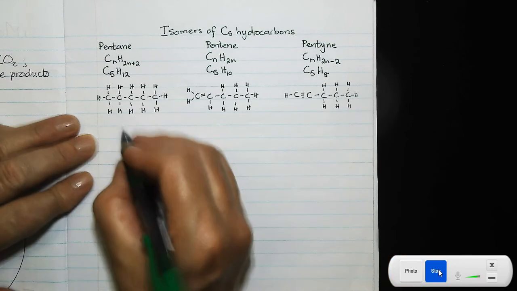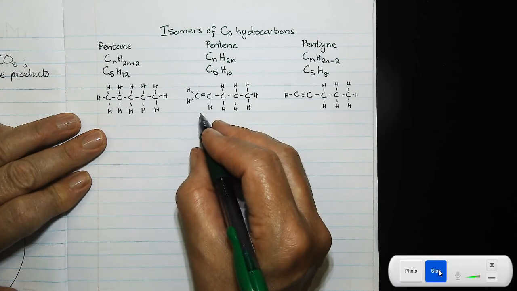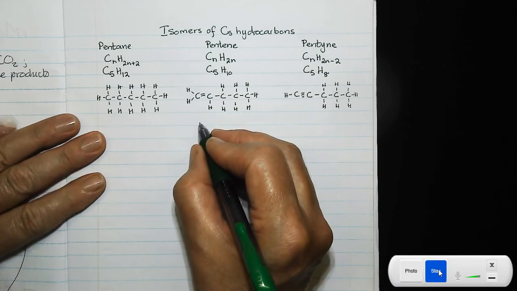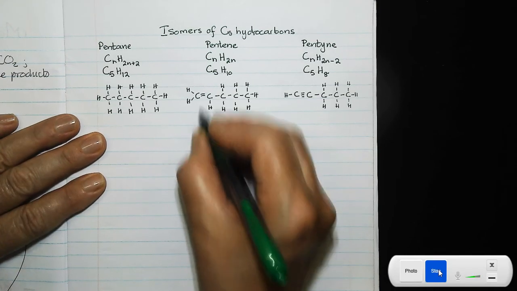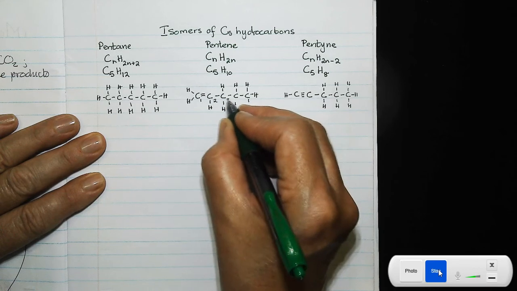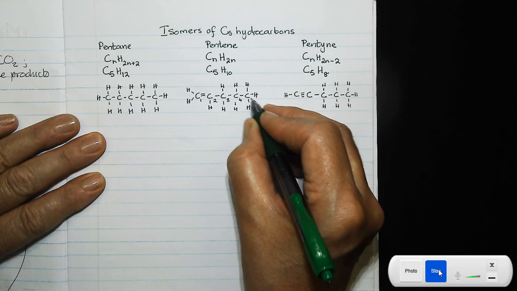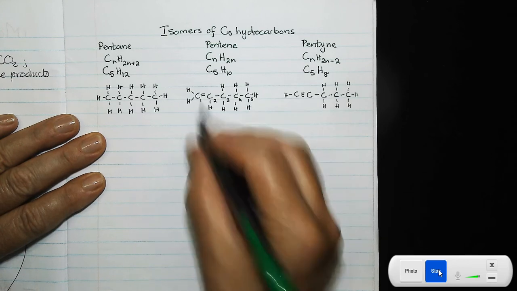So this is pentane. With a double bond, we need to indicate exactly where the double bond is. So we will number the carbon atoms in the longest chain so that the double bond will be bonded to the lowest numbered carbon.